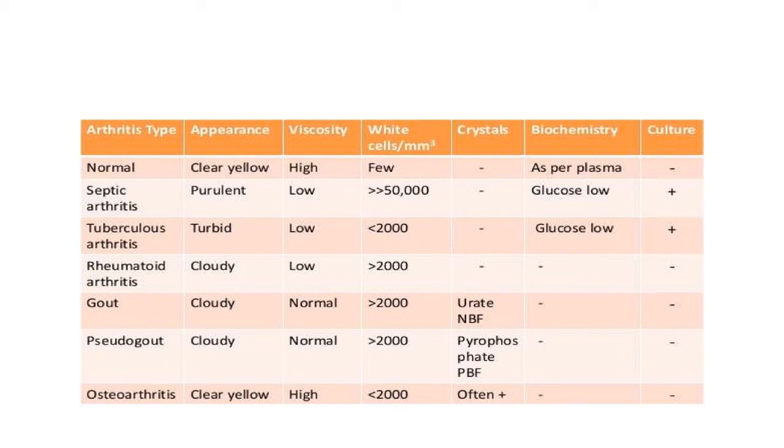In gout, there will be urate crystals, which would be negatively birefringent, and in pseudogout there will be pyrophosphate crystals. Osteoarthritis, there is appearance of clear yellow fluid with high viscosity, less than 2000 white cell count, and crystals may be present, maybe not.